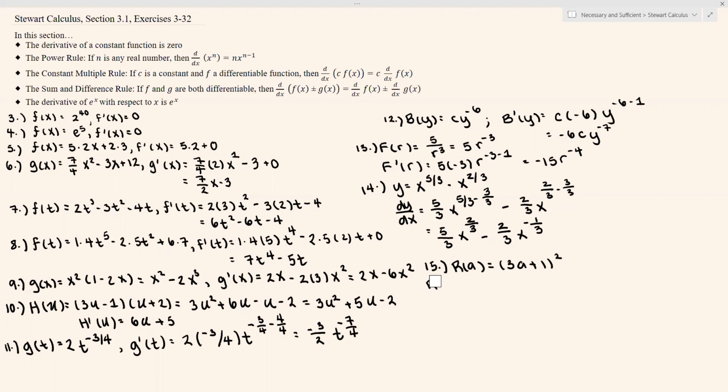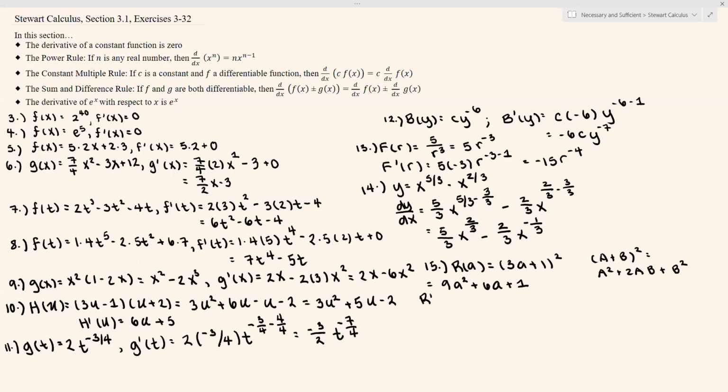So r of a, this is the same thing as 3a quantity squared, so 9a squared plus 2 times 3a times 1 plus 6a plus 1 squared, just 1. And maybe as a reminder, if I have a plus b quantity squared, this is the same thing as a squared plus 2ab plus b squared.